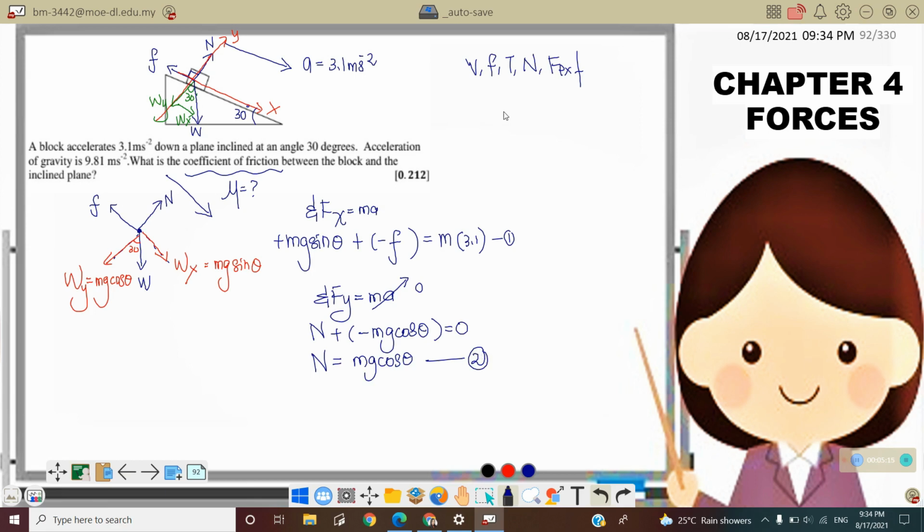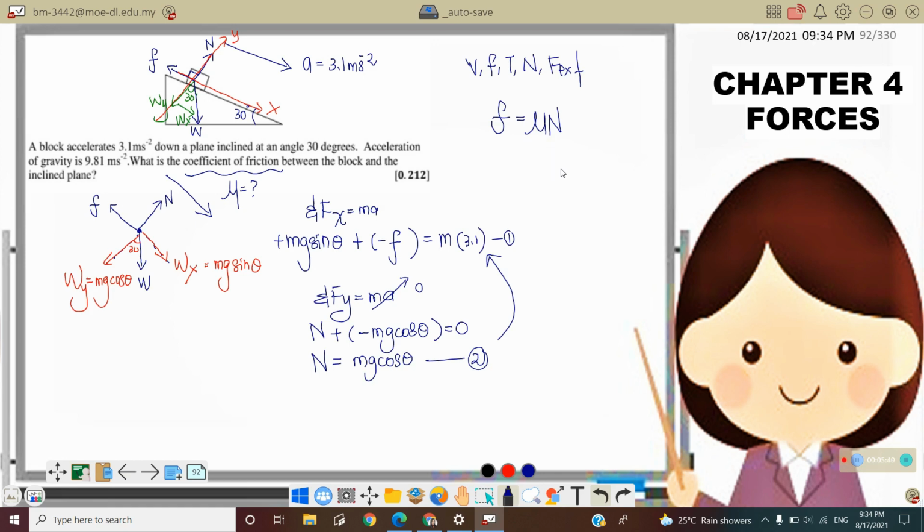Remember, we still have another equation: the frictional force equals mu n. So we can substitute n from equation 2 into equation 1.